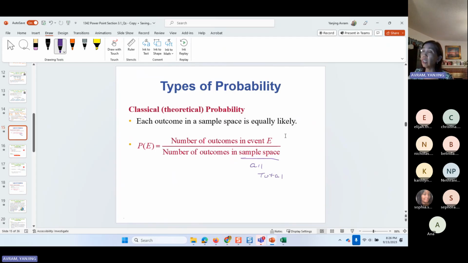So probability is kind of like a percentage. You can change it into a percentage, or you can put it as a decimal, because the probability is between 0 and 1. Always a positive number. If you want a percentage, usually we say 30%, right? We usually hear from the forecast, oh, it's going to be 30% rain tomorrow.